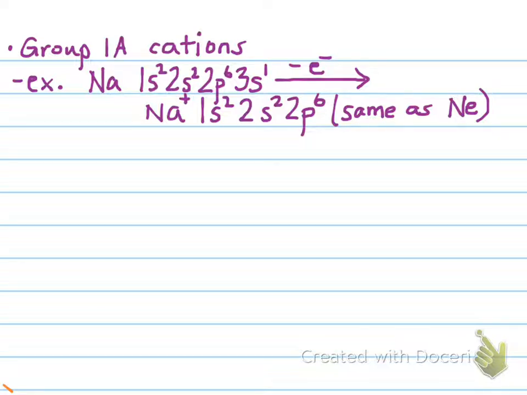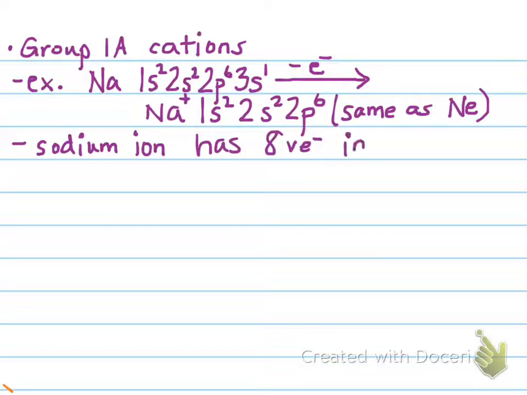So what that means is, a sodium ion, which is its name, right, because we take the name of the element of the metal and we add the word ion, has 8 valence electrons in its valence shell.